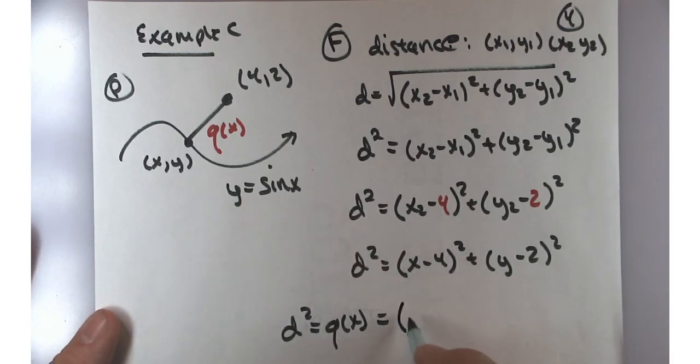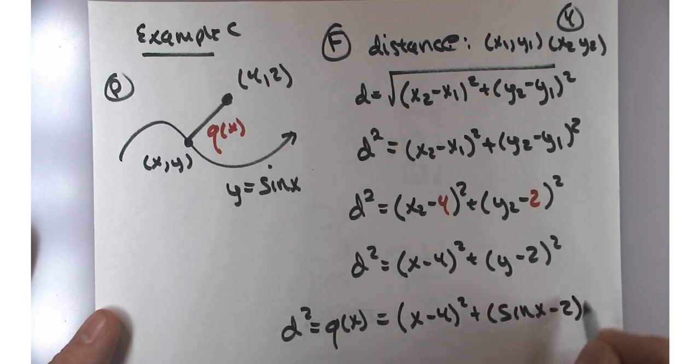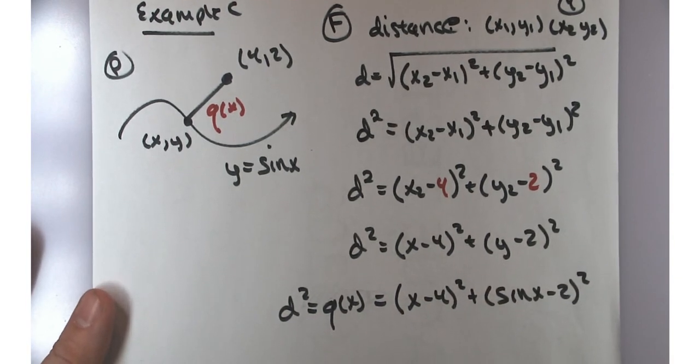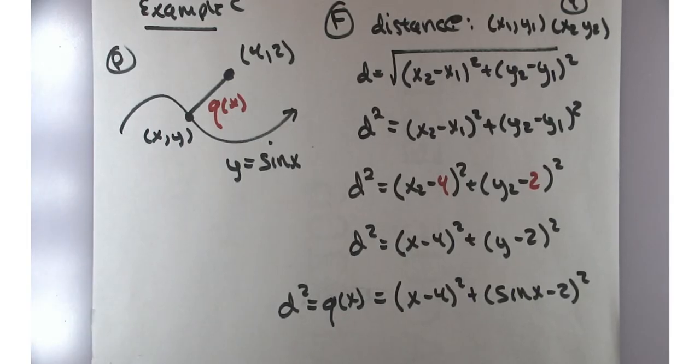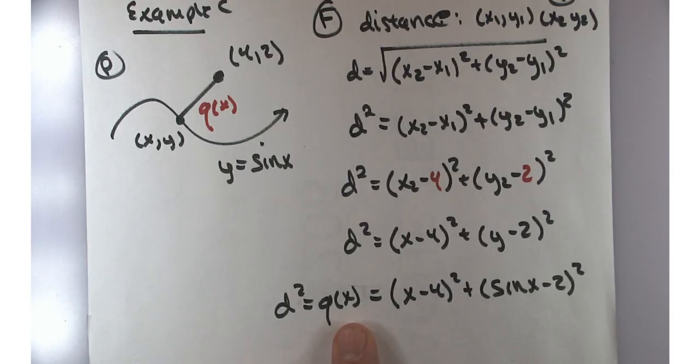So I'll rewrite this as x minus 4 squared plus sine of x minus 2 squared. Oh, okay. Now I can replace that with q of x. The reason I replace it with q of x is because if you try to differentiate d by dx of d squared, it just gets a little messy with all the d's. So I just gave it a different name, that's all.